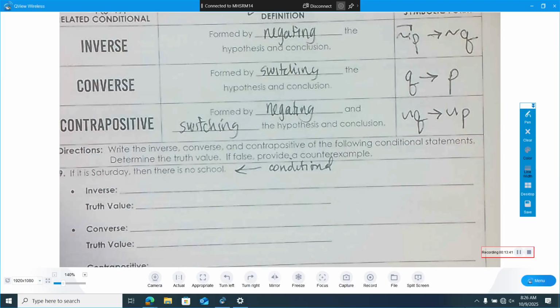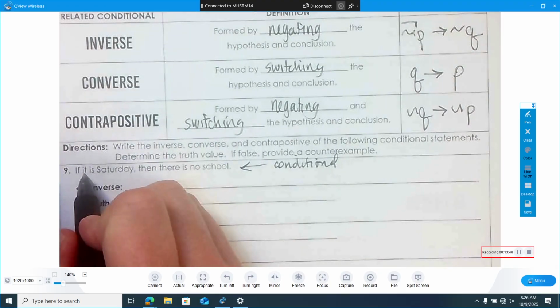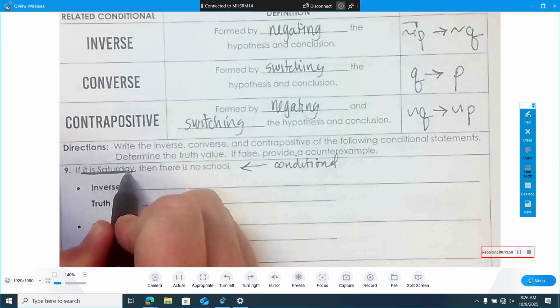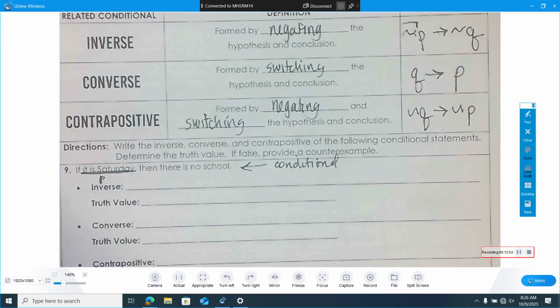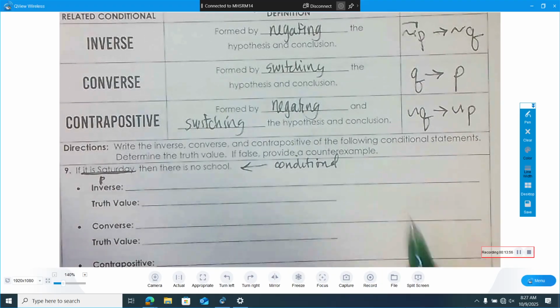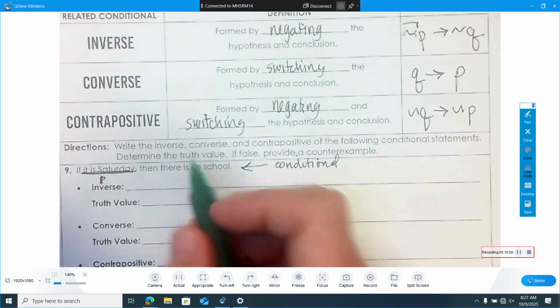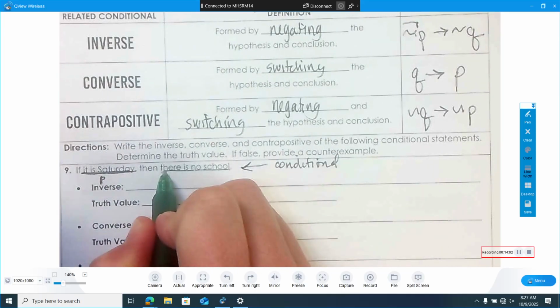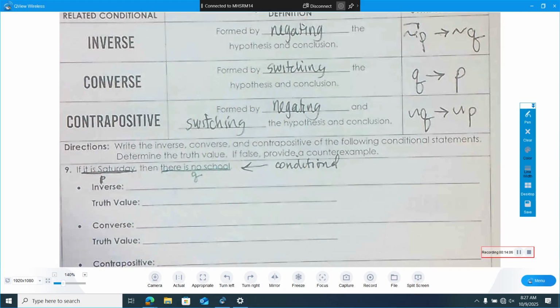So what we want to do is identify the P and the Q. What's the P? It is Saturday. That's the hypothesis. That's our P. So I'm going to write a little P under there. And what's the Q? There is no school is the conclusion. So there's the Q.